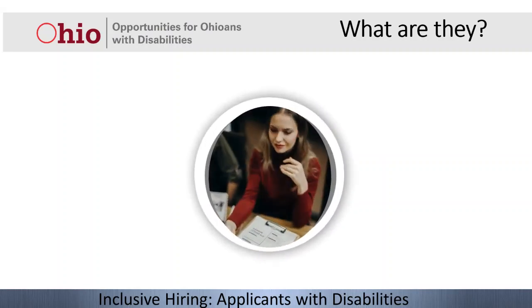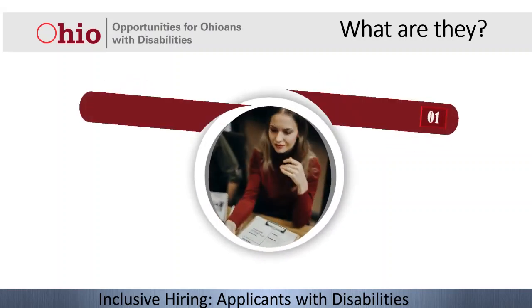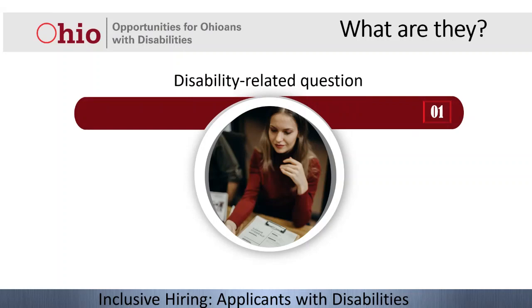A disability-related question is likely to elicit a response that discloses a disability. Some examples of these types of questions include asking about the severity of a disability, or asking about a major life activity, such as the ability to stand for 8 hours, or asking how many days an applicant was absent from work due to being sick.